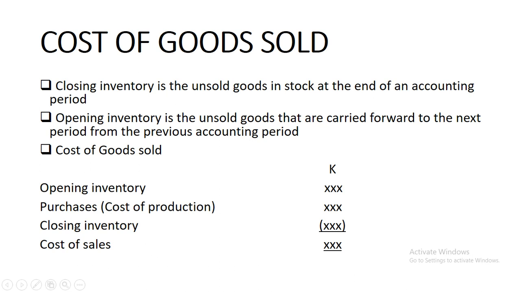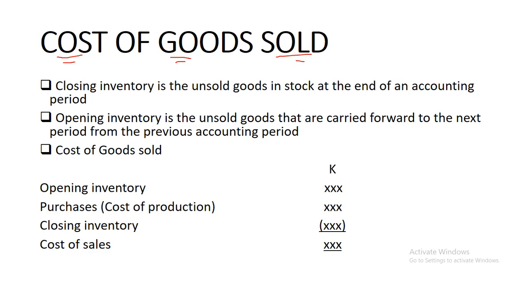So the other thing that you need to understand with respect to inventory is what we call the cost of goods sold. When you're preparing the statement of profit or loss, there's a certain format that you follow. We're going to cover that in the follow-up lessons. So there's the sales, then you deduct the cost of sales to get the gross profit.